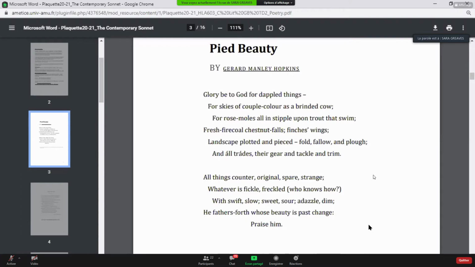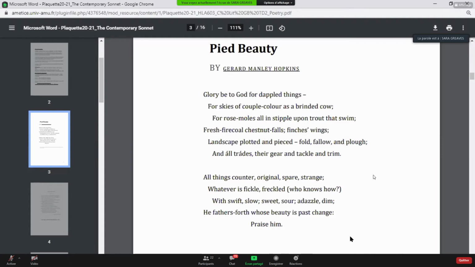All things counter, original, spare, strange. Whatever is fickle, freckled, who knows how, with swift, slow, sweet, sour, a dazzle, dim. He fathers forth whose beauty is past change. Praise Him.